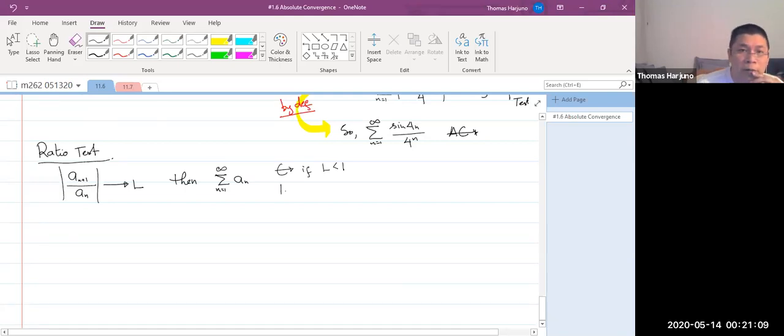It is divergent if the limit L is greater than 1. Inconclusive if L is equal to 1.